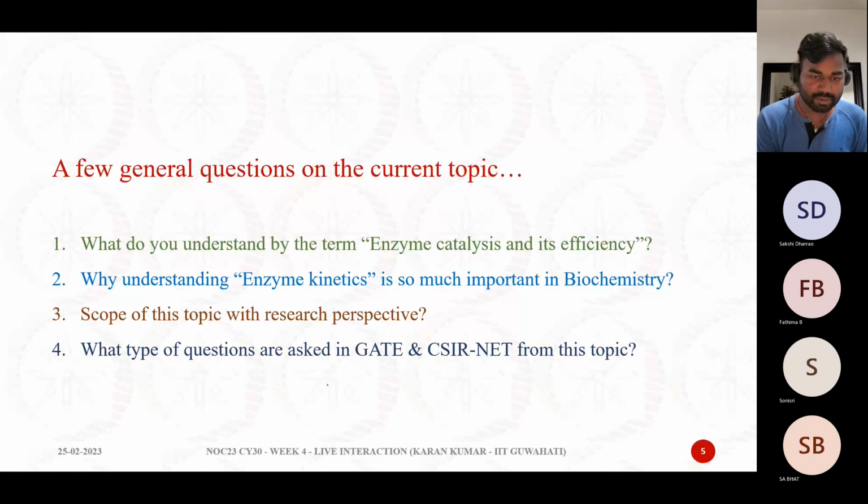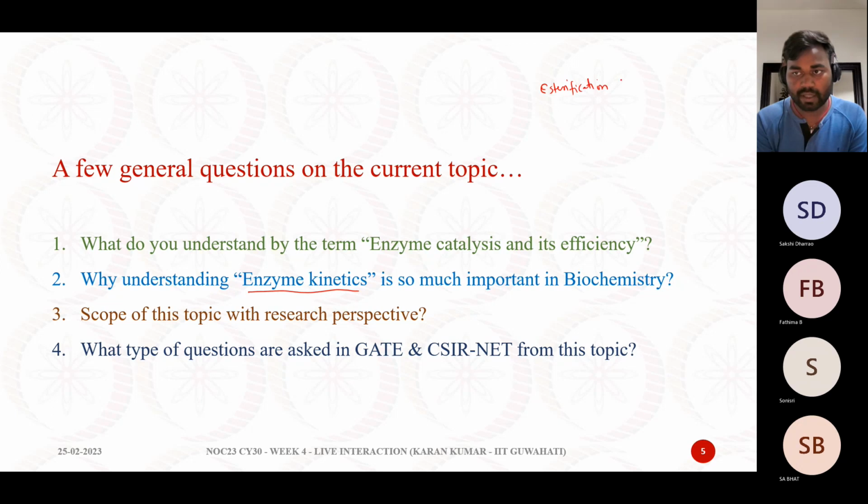Now, the same thing goes for kinetics. What do you mean by kinetics? Kinetics is important to understand the system. Now you know that an esterification reaction is catalyzed by lipase.